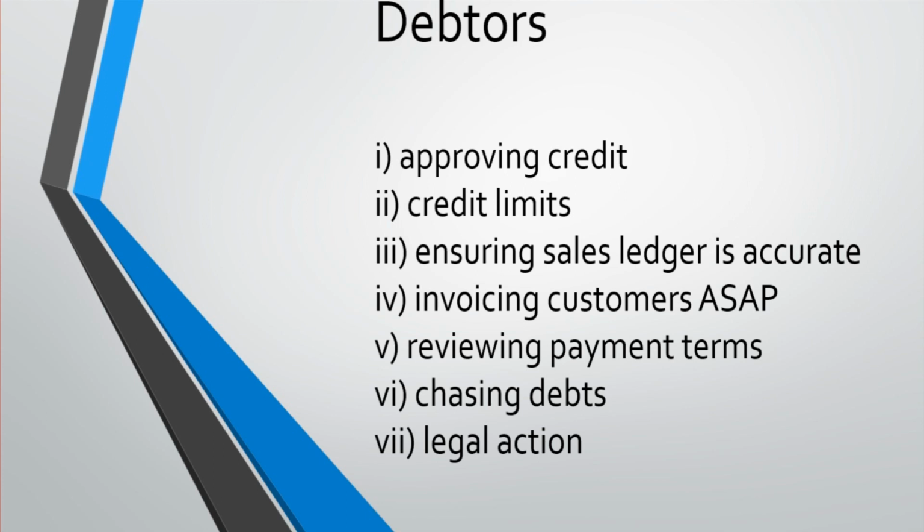So it enforces this sort of automatic payment process where the risk is limited and the customer has to make some sort of payments in order to buy any more goods or services from you. Now, this might seem like very basic stuff, but believe me, this is not implemented in a number of businesses, and sometimes it is implemented but not taken seriously. Number 3, ensuring sales ledger is accurate.